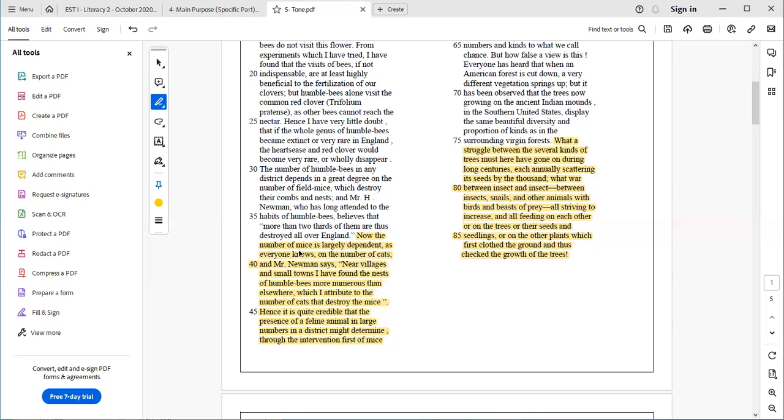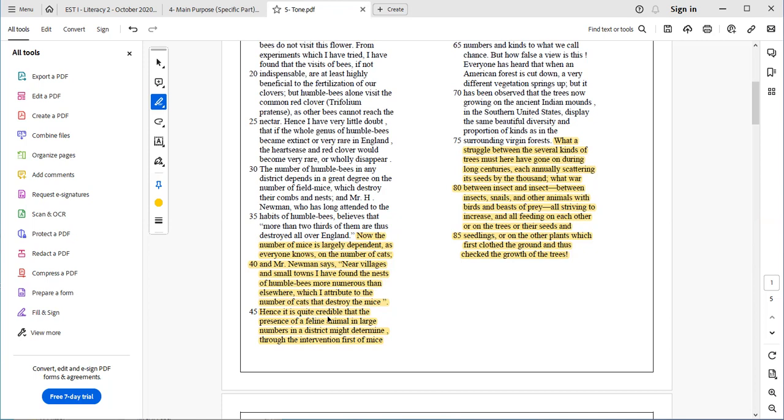The last sentence. Now, the number of mice is largely dependent, as everyone knows, on the number of cats. And Mr. Newman says, near villages and small towns, I have found the nest of humblebees more numerous than elsewhere, which I attribute to the number of cats that destroy the mice.